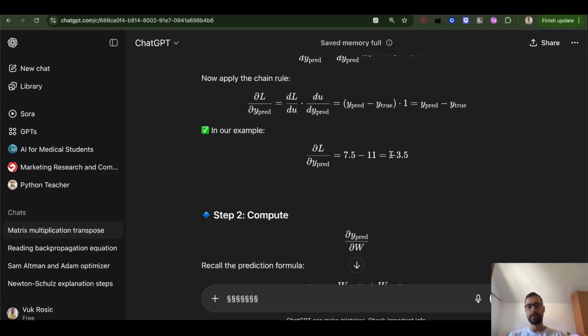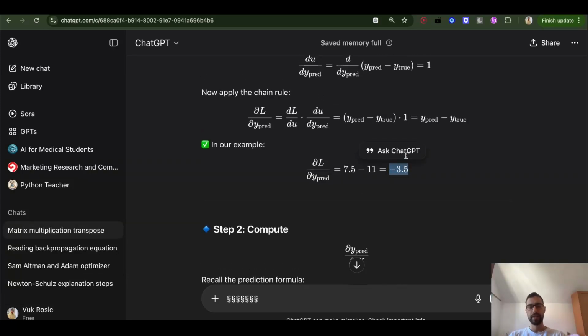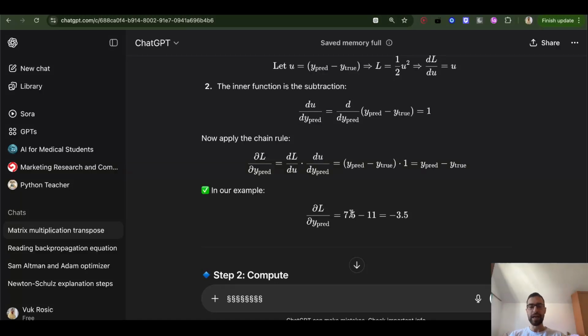So what this minus 3.5 means is that if we increase this y pred, which is this 7.5, by a small amount, then this loss will decrease by 3.5 times that amount. Just to recap, if we increase y pred by a small amount, the loss will decrease, because it's minus, by 3.5 times that amount.